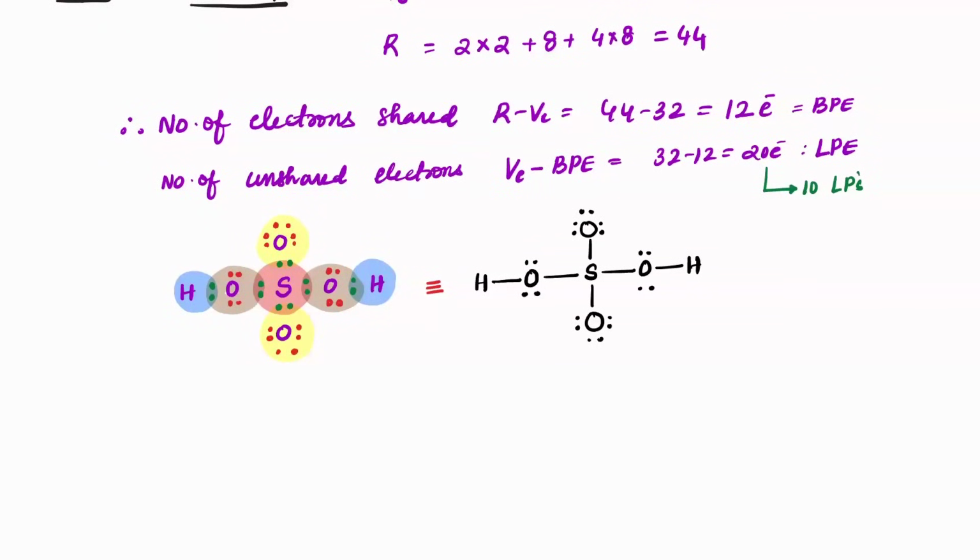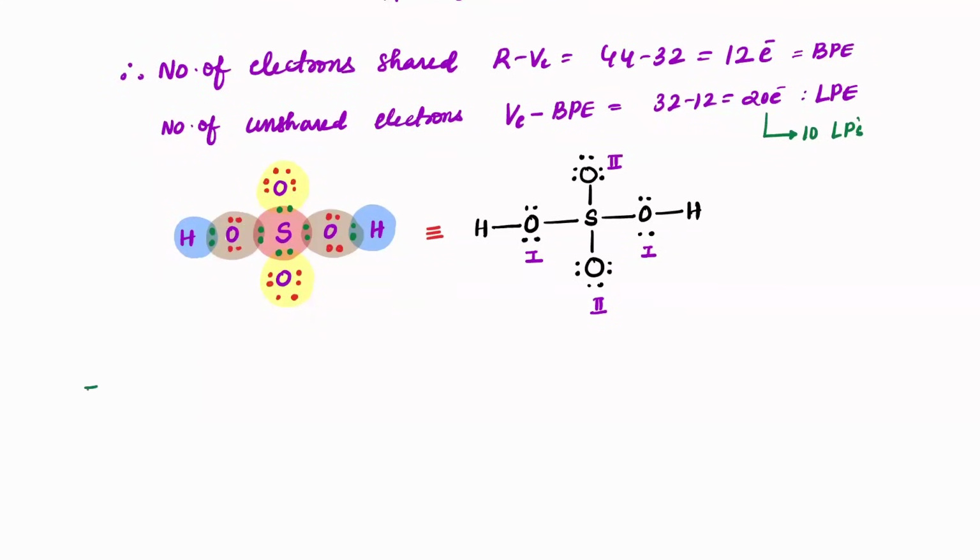Okay. Have you noticed that this hydrogen and this hydrogen make very, very similar bonds here? Similarly, you will notice that this oxygen and this oxygen make similar bonds, and this oxygen and this oxygen make similar bonds. So I'm labeling them. Okay. Now let me first calculate the formal charge of hydrogen.